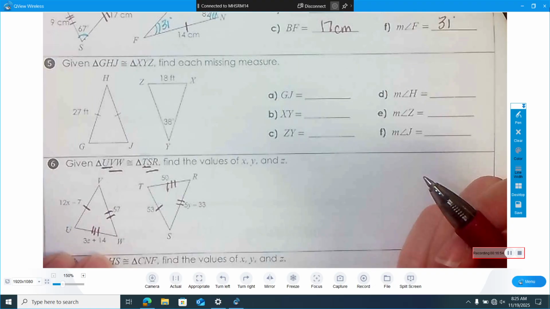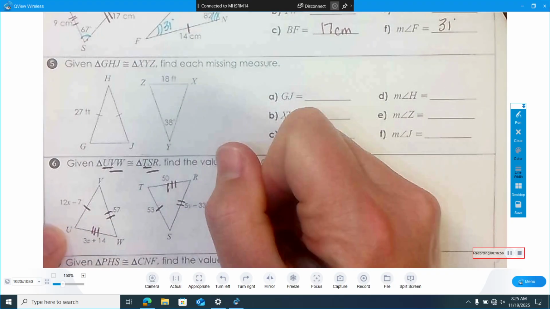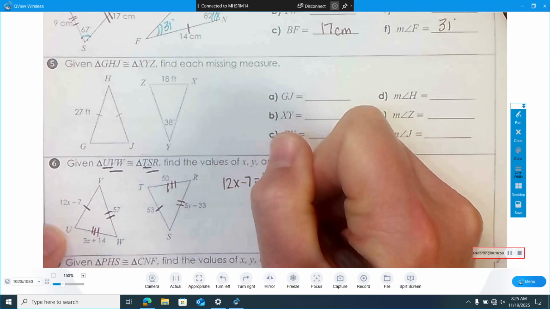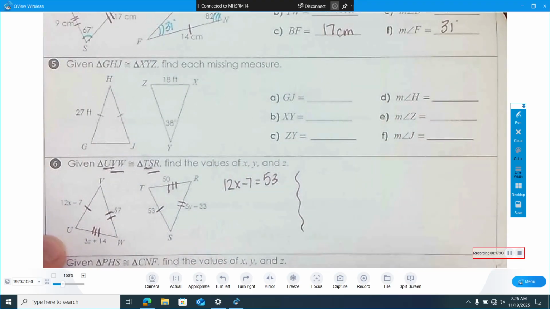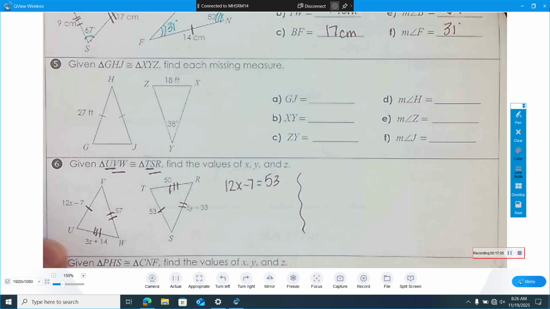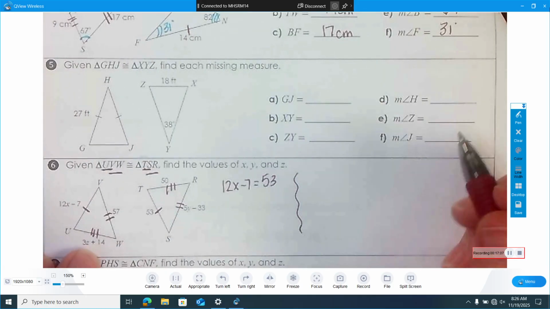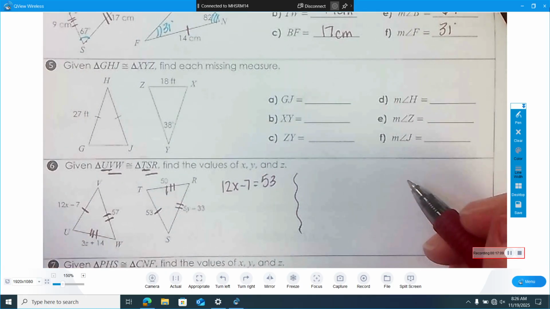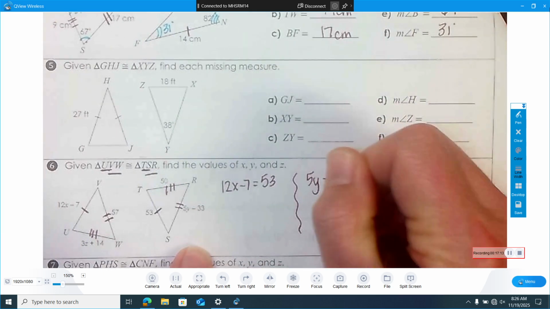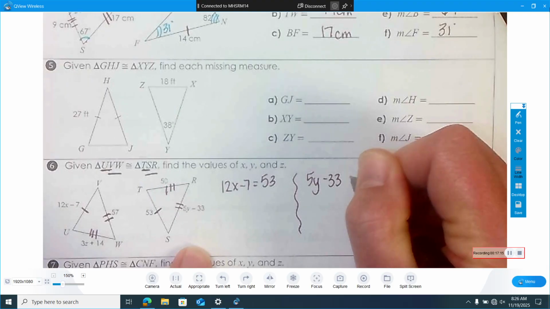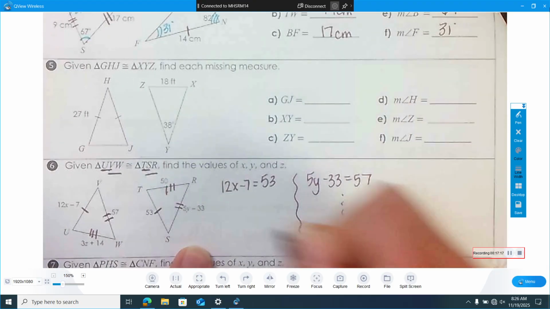What's the equation with x's? Good. Again, because they're congruent, we can set them equal to each other. Do we need to solve that? Yeah, okay. And then what's the equation with y's? Good. 5y minus 33 equals 57.